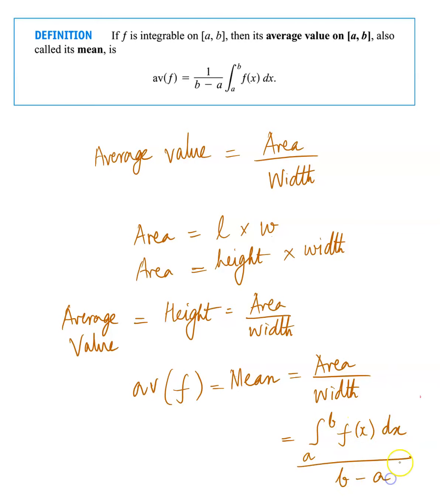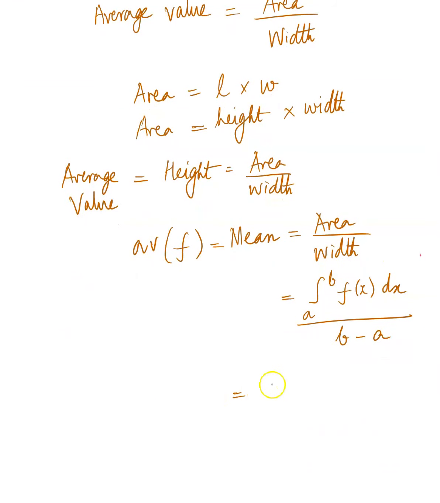So if you again brought out the b minus a separately, that's the same as the definition. So it's not something new. It is the same information, but instead of doing the finite sums, the approximation using upper estimate, lower estimate, or the midpoint rule, we now have a better way. In fact, instead of approximation, we now have an exact way, which is using the definite integral. So we got that. And based on this, let's look at this problem.